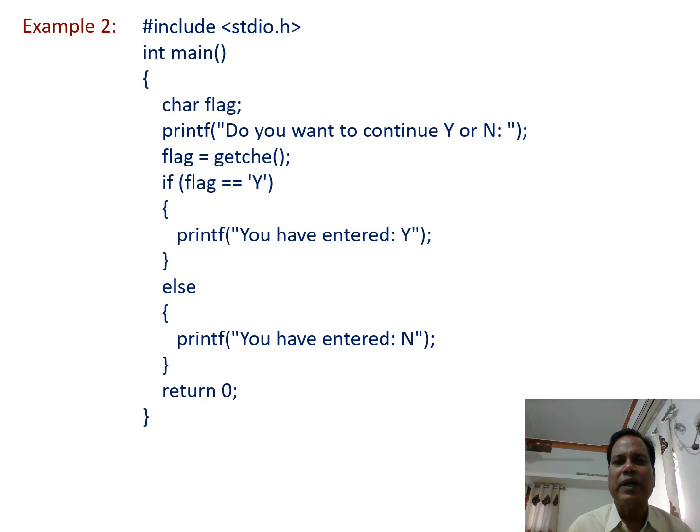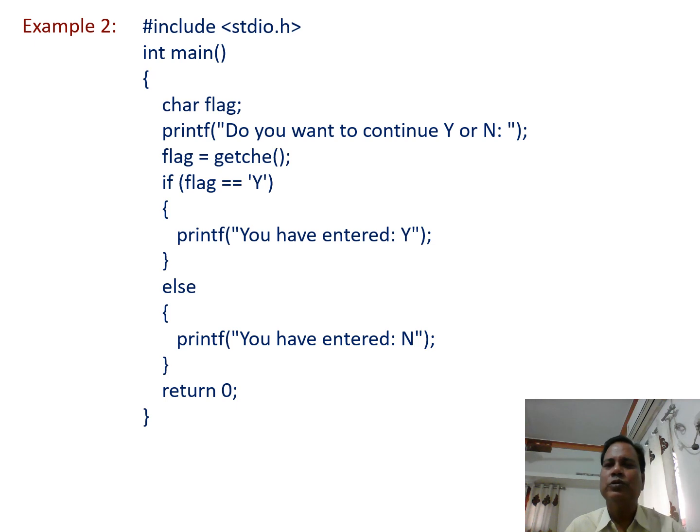Now let us see another example. In this example, using char flag, we declare a flag variable of character type, and here in printf, "Do you want to continue, y or n?"